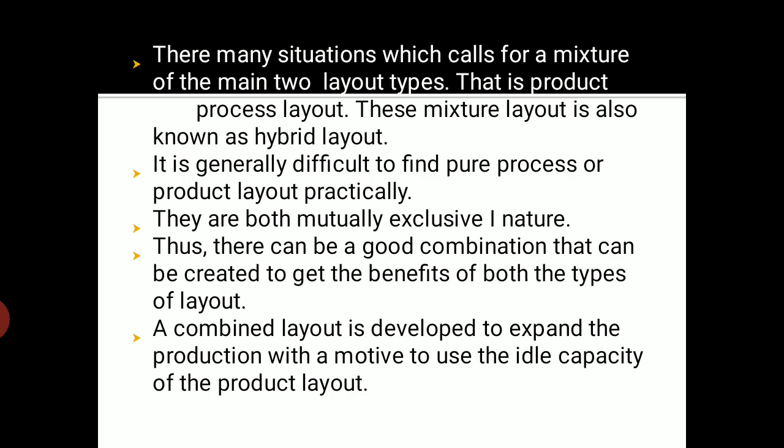Now under this combined layout, he combines both the process layout as well as the product layout, right? They are both mutually exclusive in nature. We know product layout is something different, process layout is something different, but there can be a hybrid type in which we take a few characteristics or advantages from product as well as process.